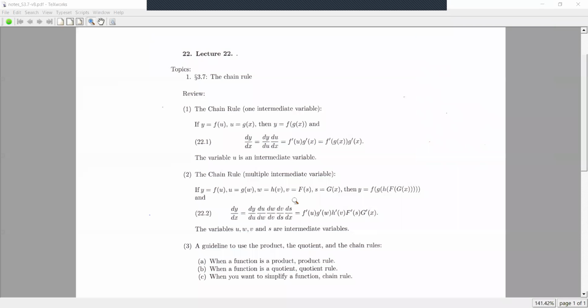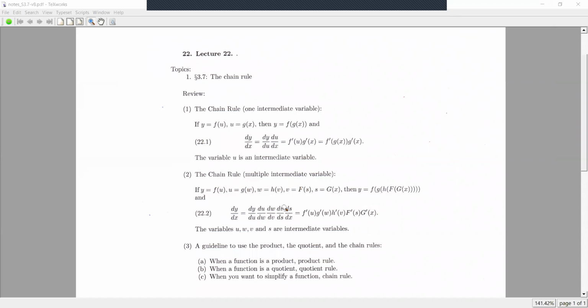The formula with multiple intermediate variables. If y depends on u, u depends on w, w depends on v, v depends on s, and s depends on x, then y depends on x. Y is a function of x.